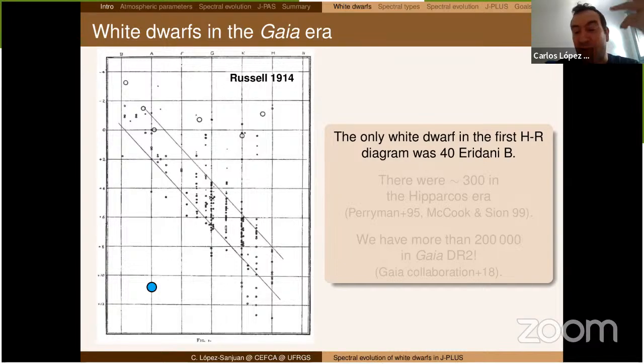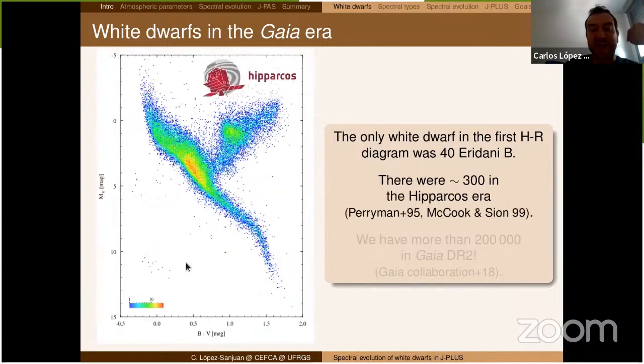And if you want really to measure parallaxes of distant objects, you need to go to space. So this is why the next step in parallaxes measurements and the next step in the construction of HR diagrams were in the 90s of the past century, when the Hipparcos satellite was launched. Even in that case, only 300 white dwarfs with parallaxes were available.